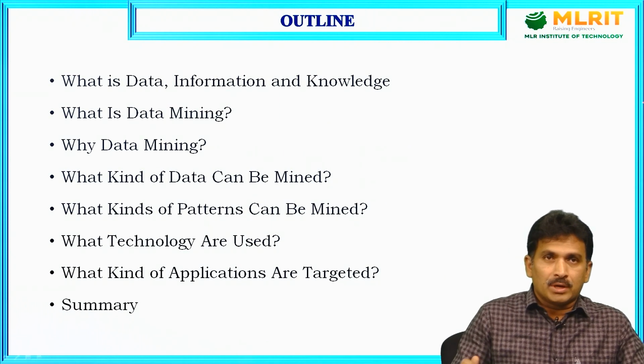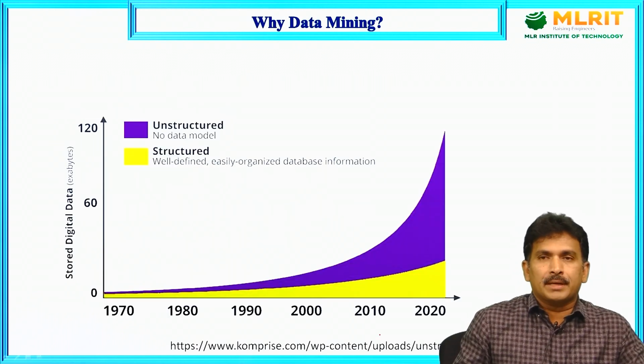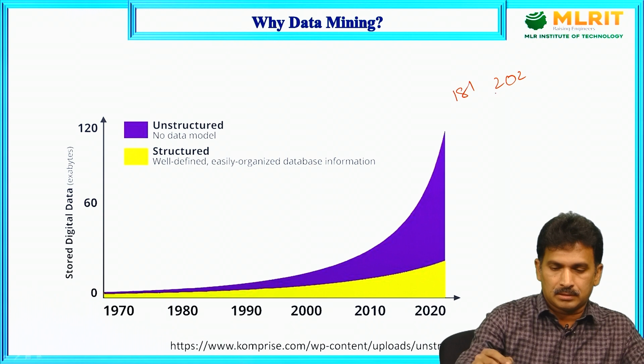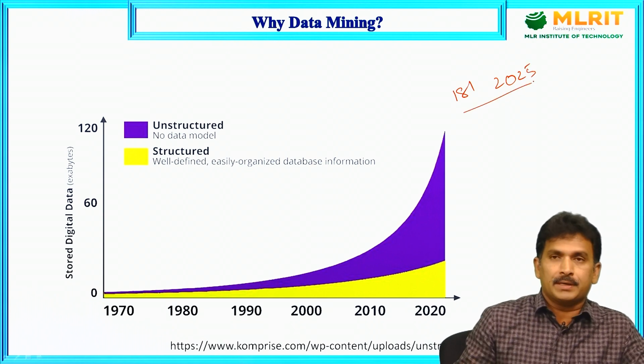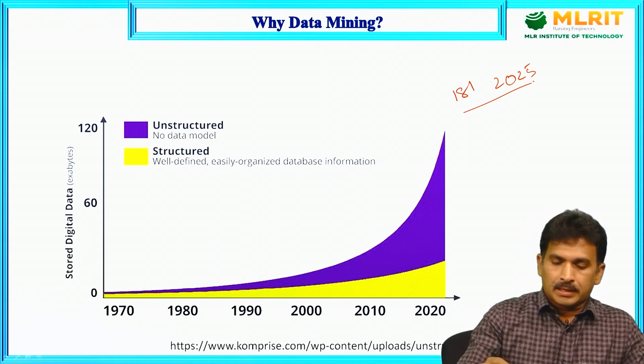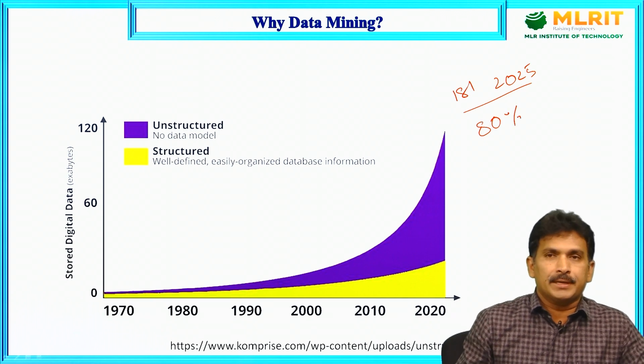Before we move on to the discussion, let us see what we are going to discuss in this lecture. Whatever data we discuss, like 181 zettabytes of data by 2025, or whatever data we currently have in the digital universe, more than 80% of the data is unstructured data.